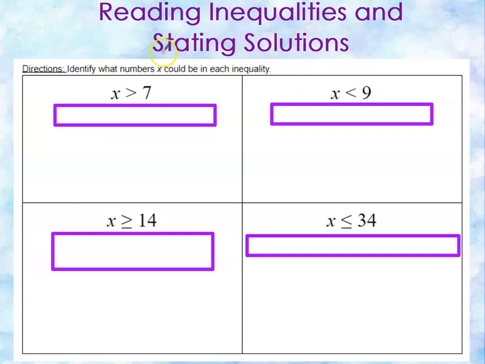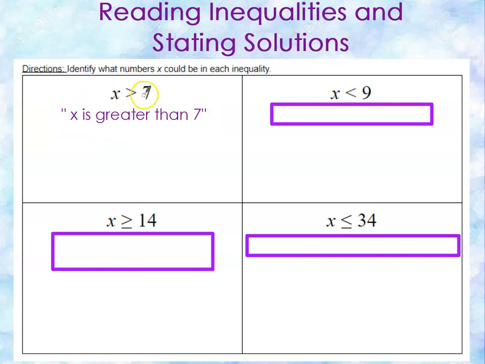So when we're reading inequalities and stating solutions, we want to identify what numbers x could be in each inequality. First, how we would read this is x, starting from the left, is greater than 7, because it's opening up to the bigger number. We've gone over this earlier this year, right? It wants to eat the bigger number.